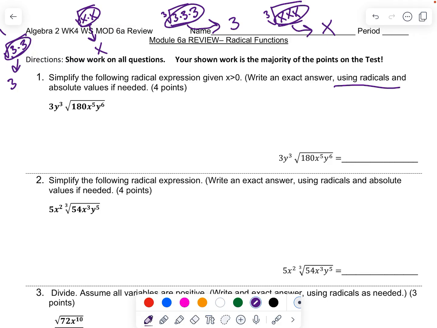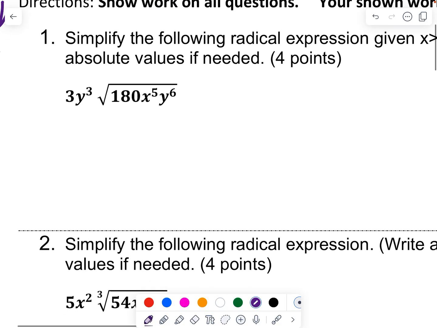Okay, so I want to start with, I've got to simplify this. I'm going to start with a factor tree, and I'm just going to break this 180 down until I cannot break it down anymore. The prime factorization. So 180 is 18 times 10.